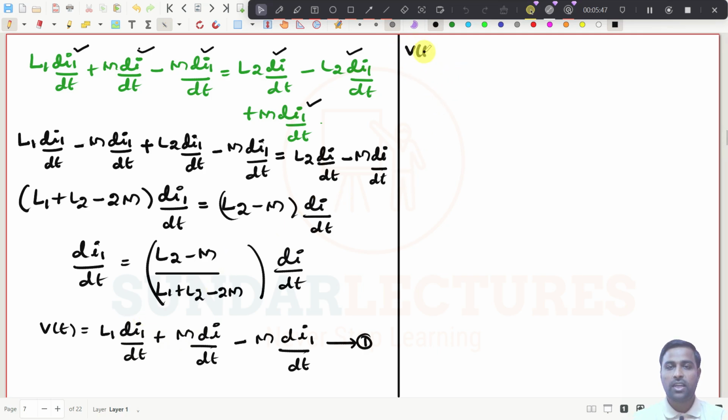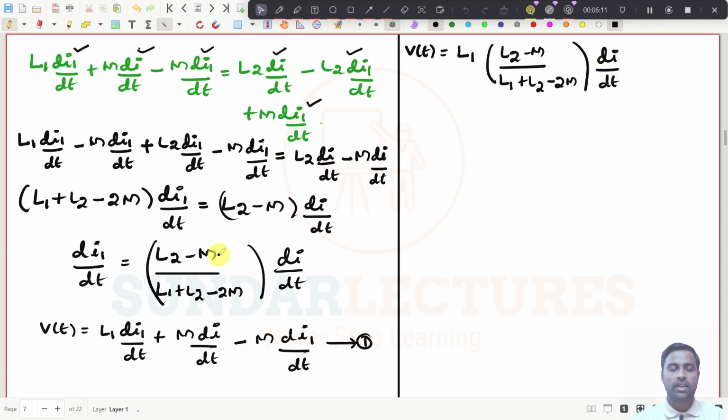So V of t can be written as now L1 into, instead of di1 by dt, you substitute this one, into L2 minus M divided by L1 plus L2 minus 2M, right? Minus 2M into di by dt.